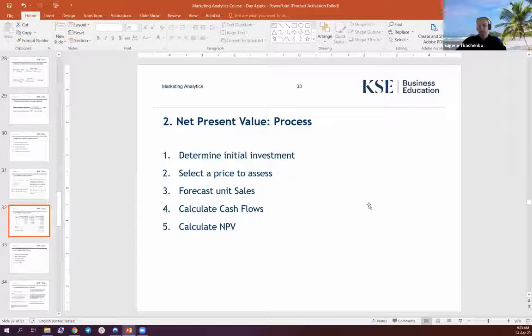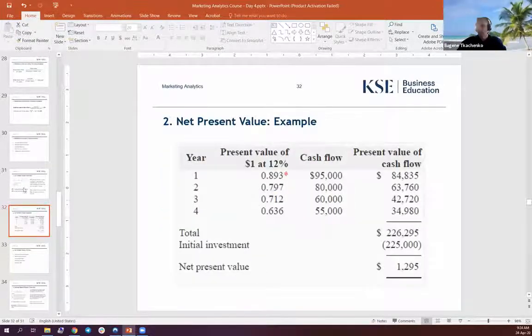Similar to the example we were talking about here, you have your discount rate, you have the cash flow you're expecting to get, and you get the present value of the cash flow. And again, present value is for this particular moment in time, because for us as marketers, what is more important is having money right now, at this moment in time. When we talk about money over time, its value changes.